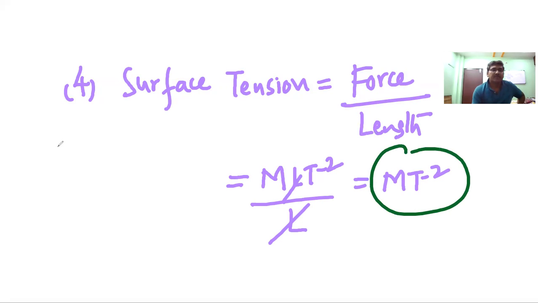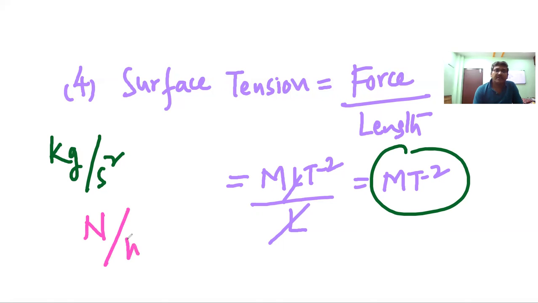So a simple expression of the unit: mass is kg and time is the second, so kg per second square. And in another manner, you can express it this way. What is the force? Force unit is Newton and length is meter.